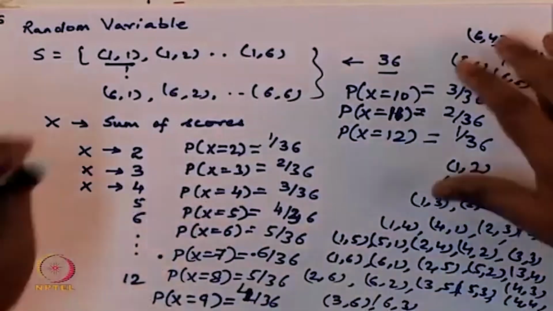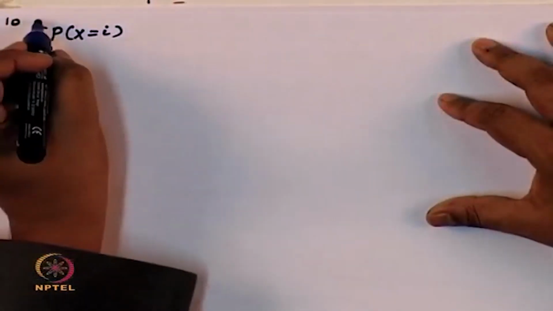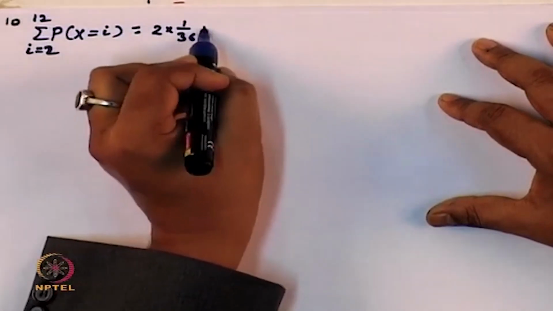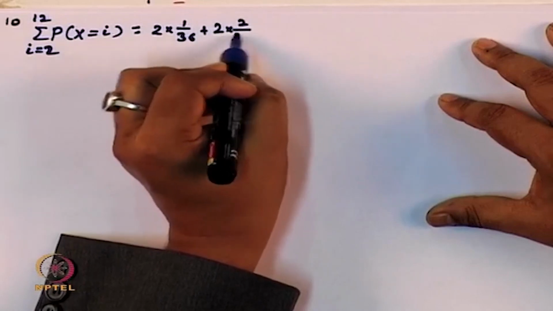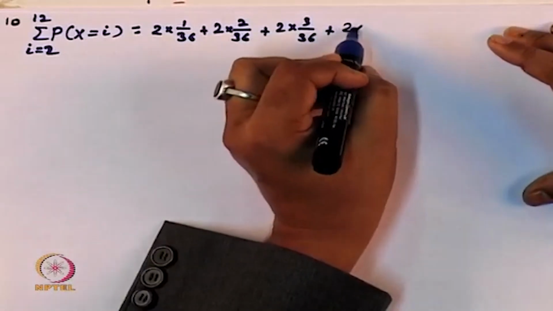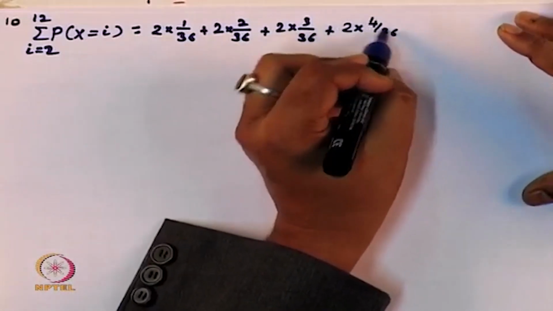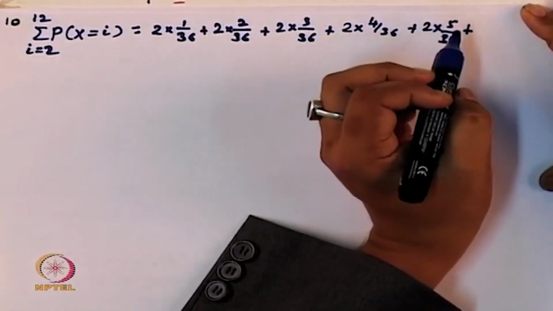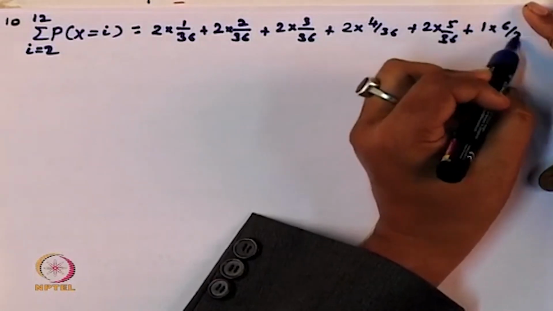So, if I add these probabilities up, what will I get? I have the summation of probability of x equal to i, with values between 2 and 12, which is nothing but 2 into 1 by 36, plus 2 into 2 by 36, plus 2 into 3 by 36, plus 2 into 4 by 36, plus 2 into 5 by 36, plus 1 into 6 by 36.